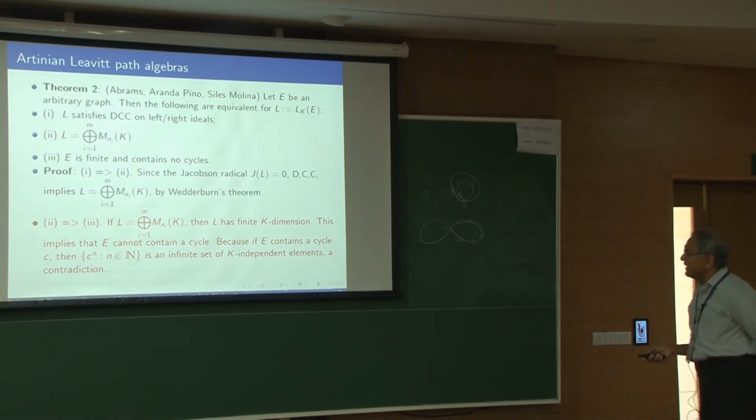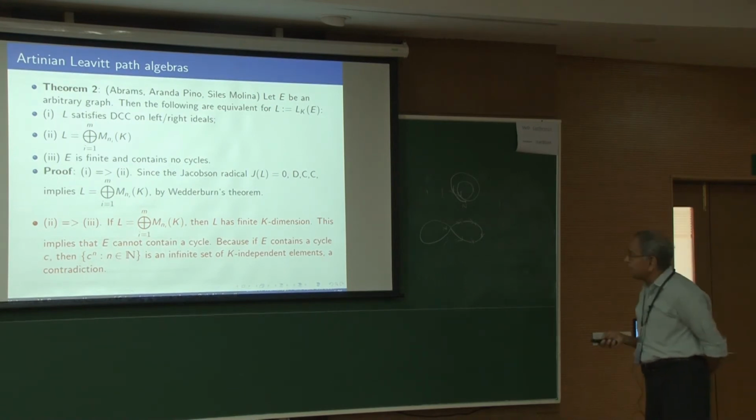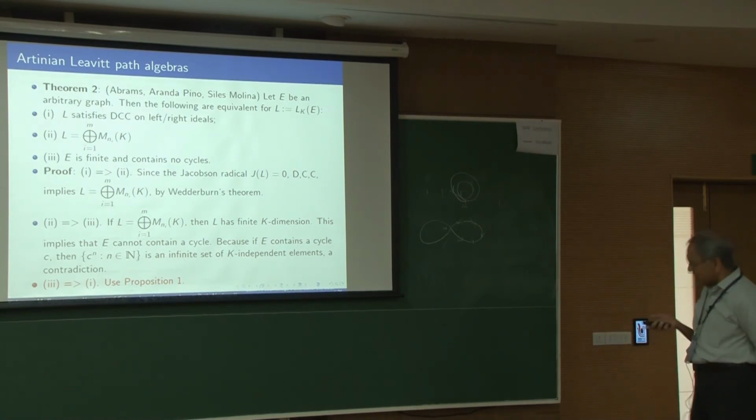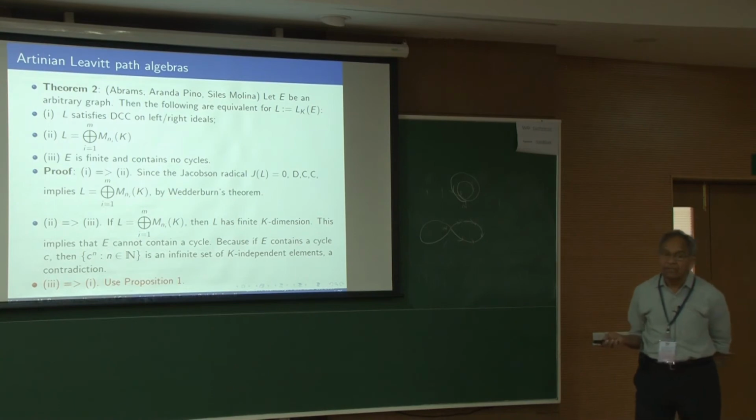So it has to be a finite graph and no cycles. And then 3 implies 1 comes out from the previous proposition that we noted here. So pretty easy, you can dismiss this immediately.